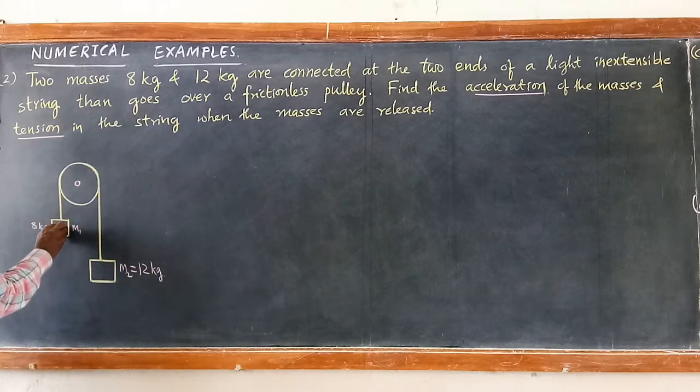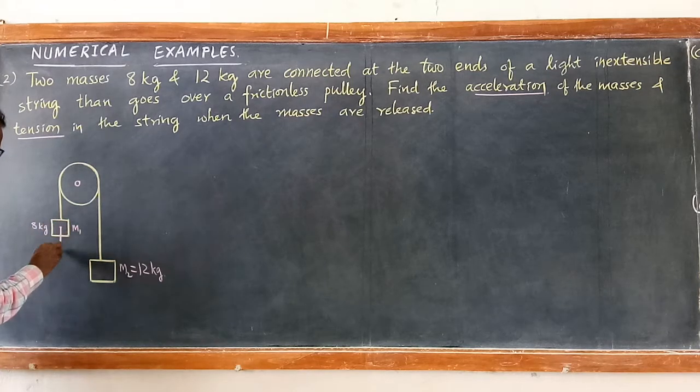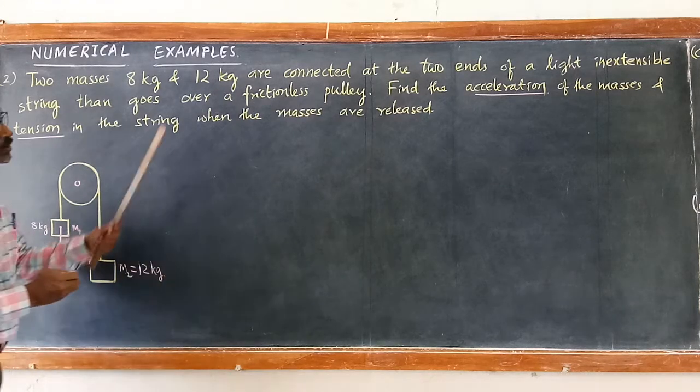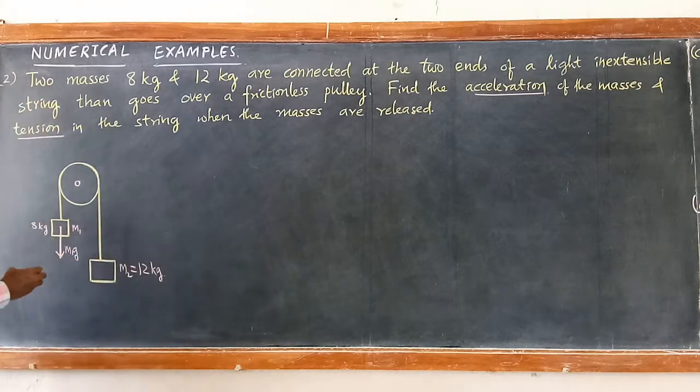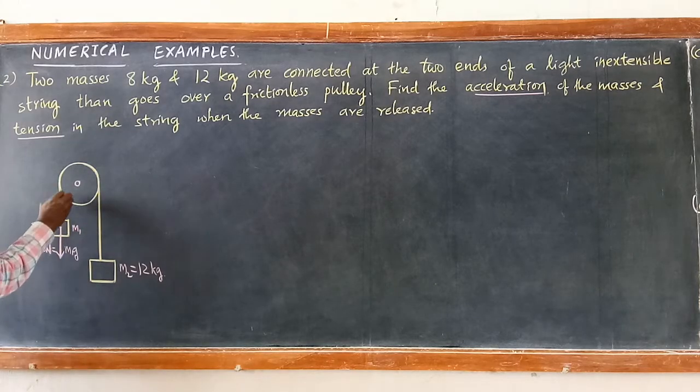Now if you draw the free body diagram here itself, this represents its weight m1g. If you take g equal to 10 meter per second square, then m1g becomes 80 Newton. And here the tension will be acting upwards.